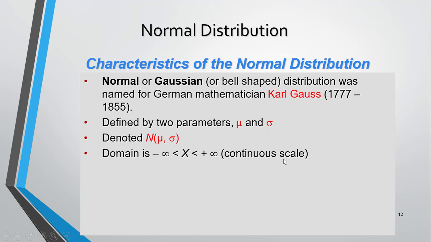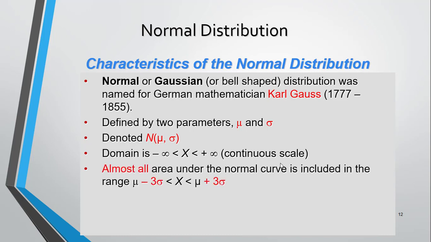It's a continuous scale, so the curve itself never touches the x-axis, but approaches it infinitely. Okay? Almost all the area under the normal curve is included in the range of minus 3 sigma to plus 3 sigma.